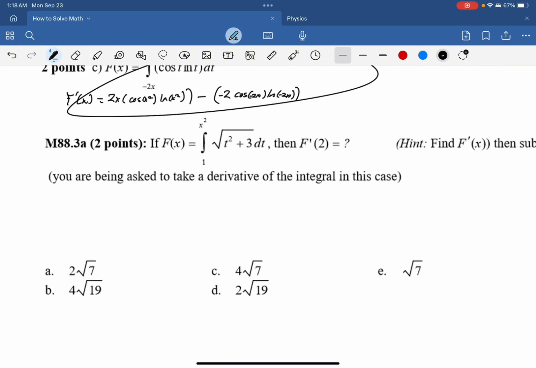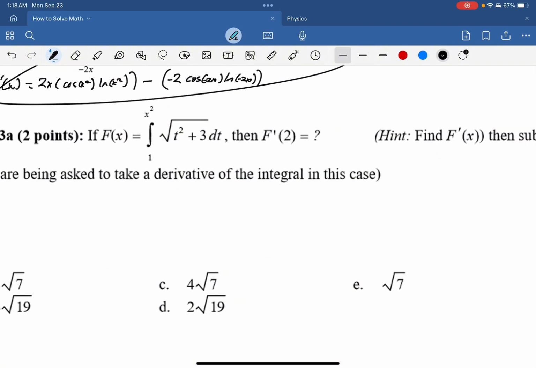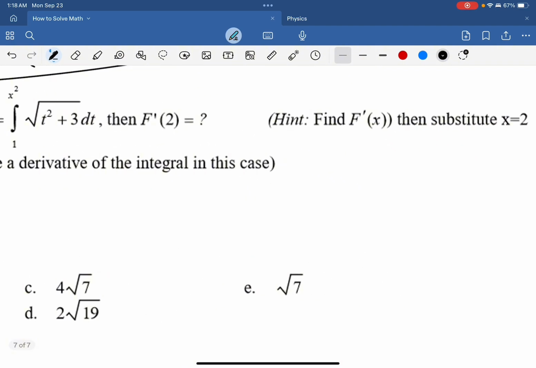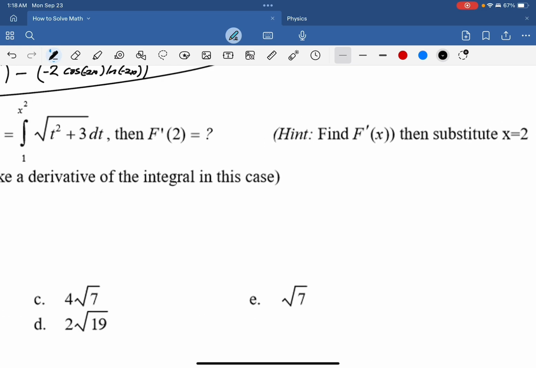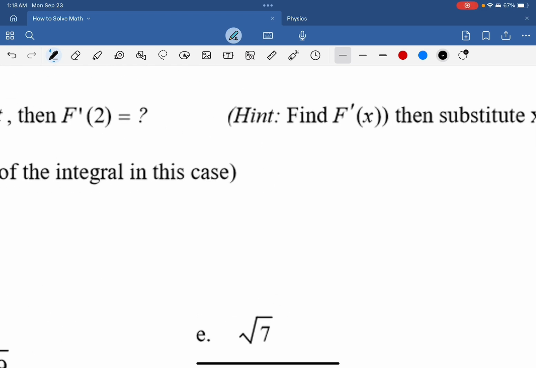Anyways, moving on. If f of x is equal to the integral from 1 to x squared of the square root of t squared plus 3 dt, wow, that's a lot, then f prime of 2 equals. So first, and I think, yeah, the teacher added a hint here. Now you gotta do f prime of x.